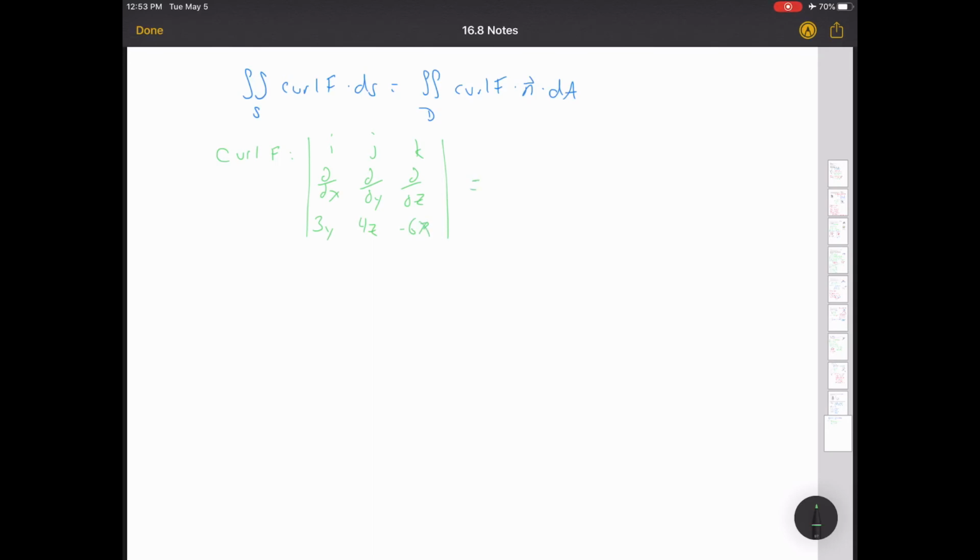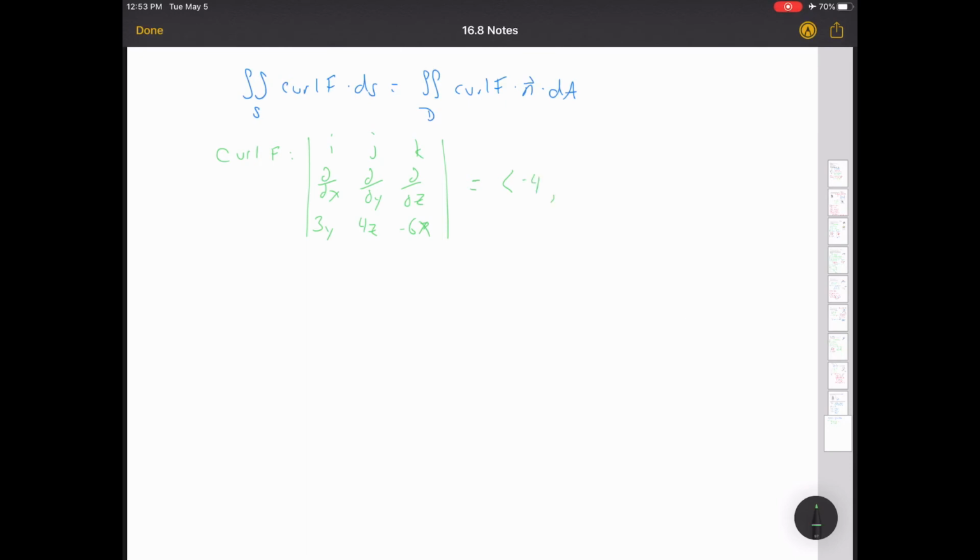So the curl here is going to be, eliminating the i row and column, the derivative with respect to y of negative 6x is 0, minus the derivative with respect to z of 4z, which is 4, so it's just going to be negative 4.